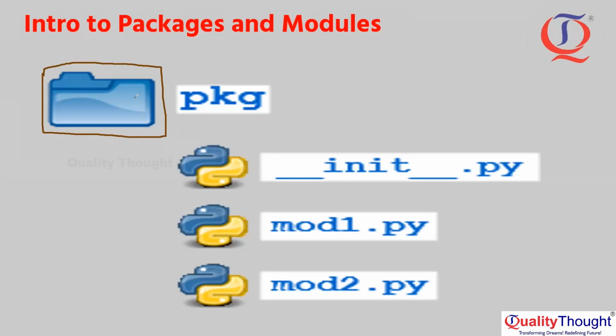To make this folder a package, which is recognized by the computer as an application, this folder has to store a particular file: __init__.py. This file has to be an empty file. We have to store it in the folder so that it will be recognized as a package.